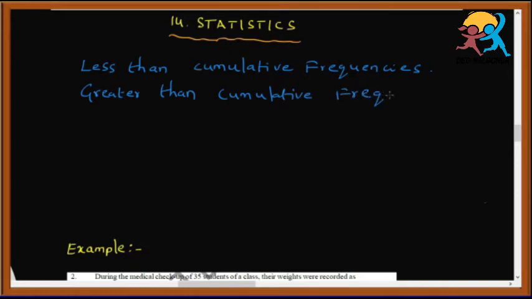To write the greater than cumulative frequencies, we require the lower boundaries. Lower boundaries should be taken on the x-axis and the less than cumulative frequencies or greater than cumulative frequencies will be taken on the y-axis. So, we have to represent these data on a graph.